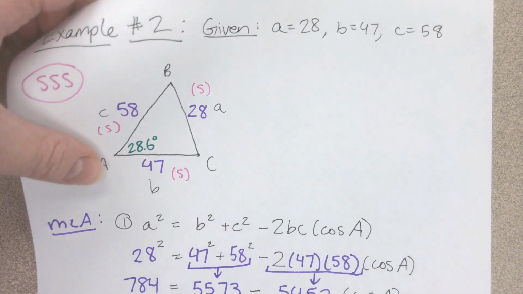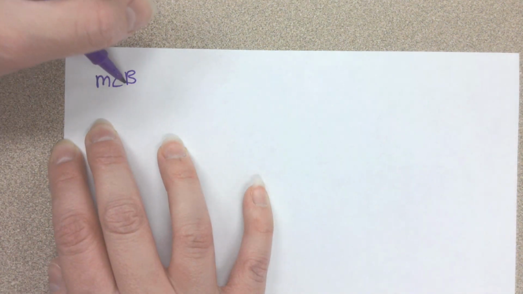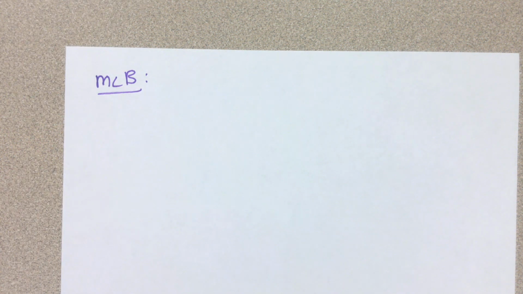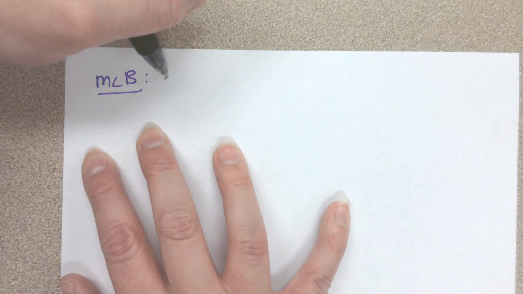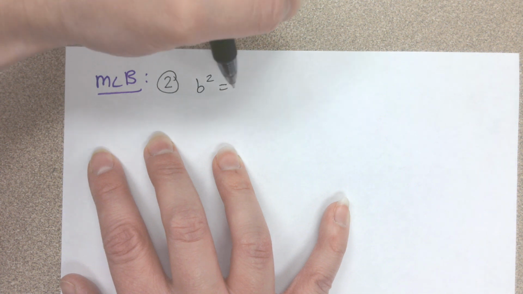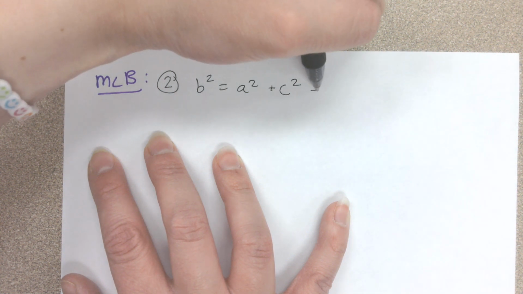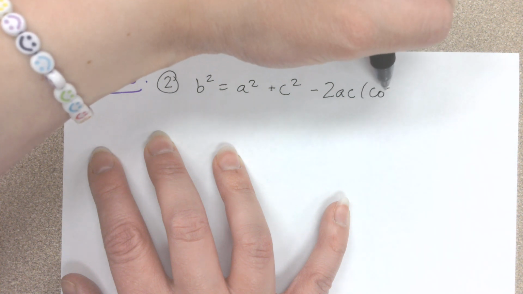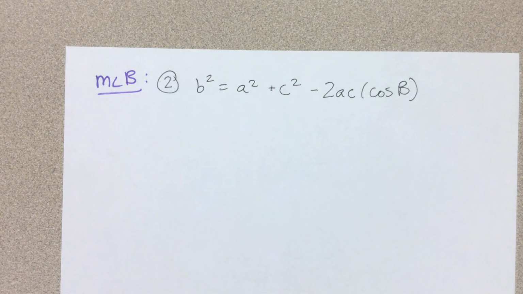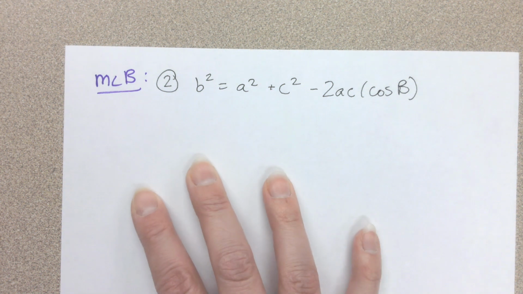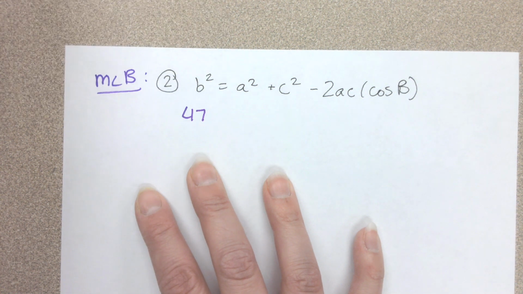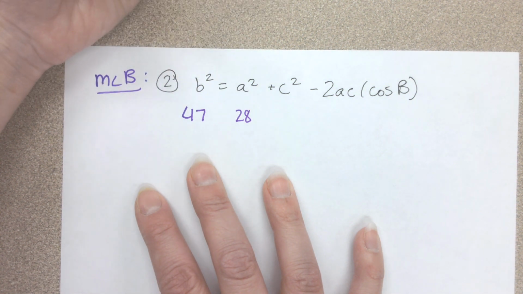Again, I go alphabetical, so let's go with angle B. For angle B, I need the second formula. b squared equals a squared plus c squared minus 2ac times cosine of B. Plugging in, b is 47, a is 28, c is 58.